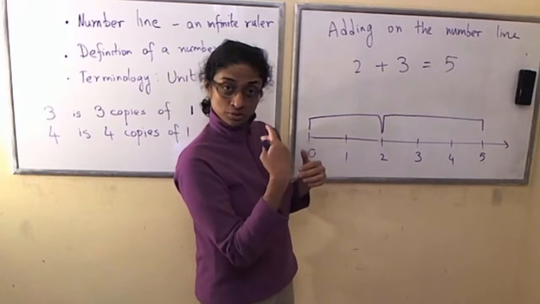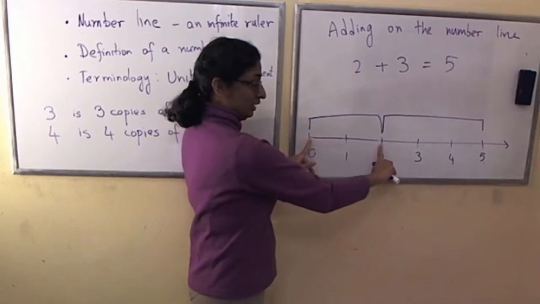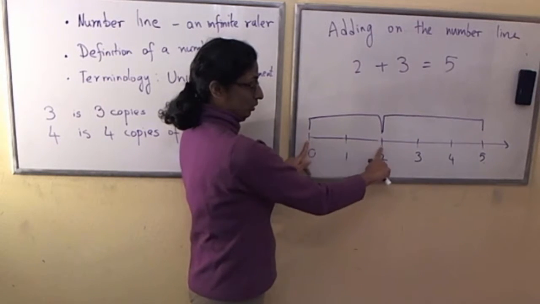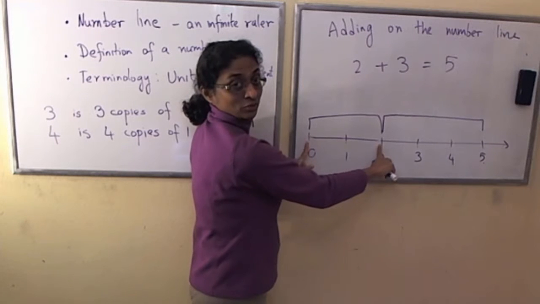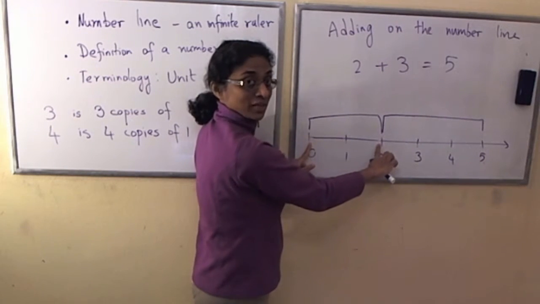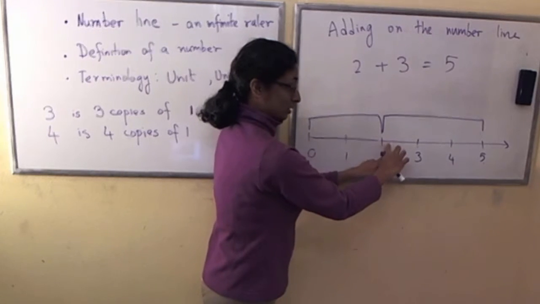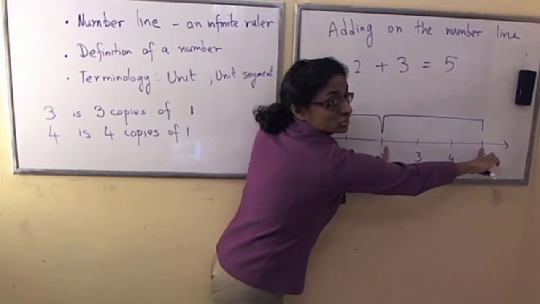Instead of thinking of 2 as 2 discrete objects, we can think of 2 as the length of this segment, starting at 0 and going up to 2. So then 2 would mean the length of this segment, plus 3 would mean we attach to this segment another segment starting here, and that segment's length is 3.